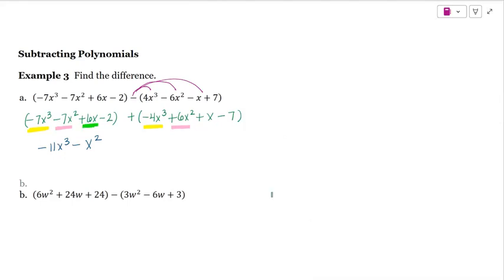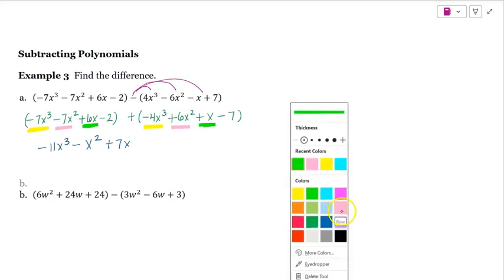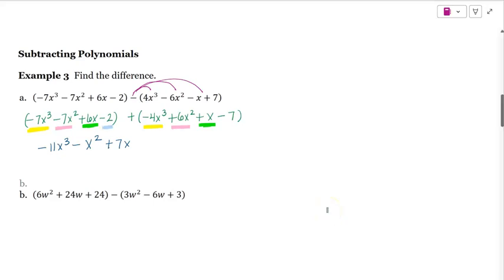There's a 6x and an x, so 6 plus 1 is plus 7x. And then for our constant terms, we have a minus 2 and a minus 7, so that's minus 9. So this is our final answer.